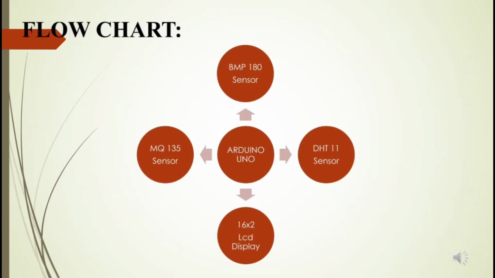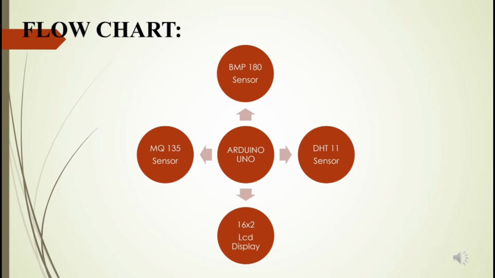Here is the flowchart for our project. As we already mentioned, Arduino Uno acts as the CPU for this project. We have several sensors like the MQ135 sensor, BMP180 sensor and DHT11 sensor. The MQ135 sensor is an air quality sensor which helps to measure the air quality around the city. The BMP180 sensor is used to measure the temperature and pressure, and the DHT11 sensor is used for measuring the temperature and humidity.